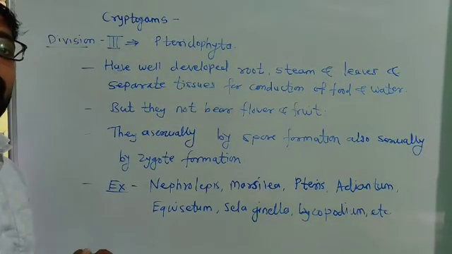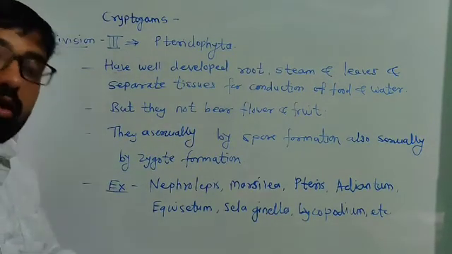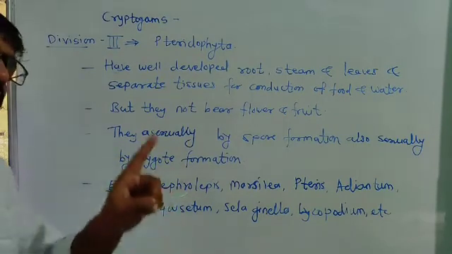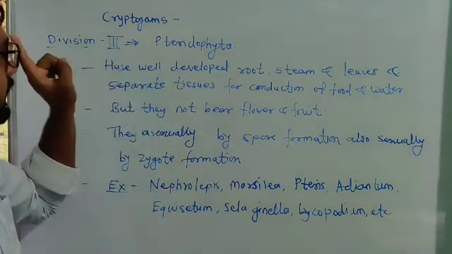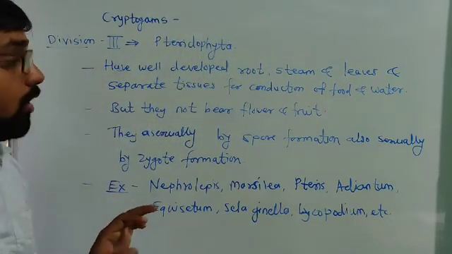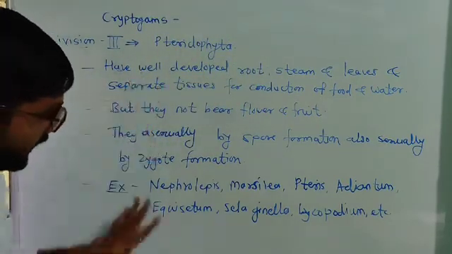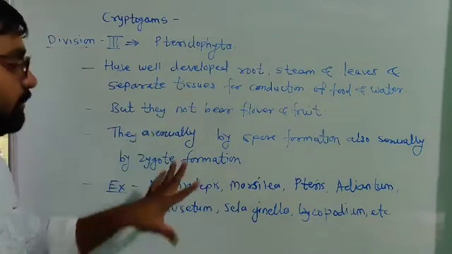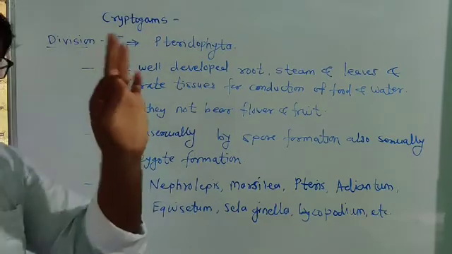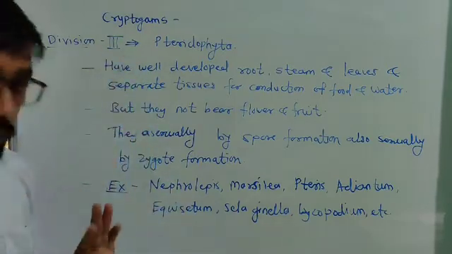Examples and drawing diagrams are asked many times in examinations. So for all these three categories, Thallophyta, Bryophyta, Pteridophyta, you have to write all their important characteristics, examples, and draw all the diagrams in the notebook.